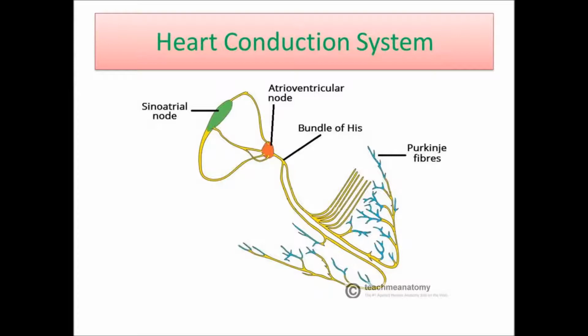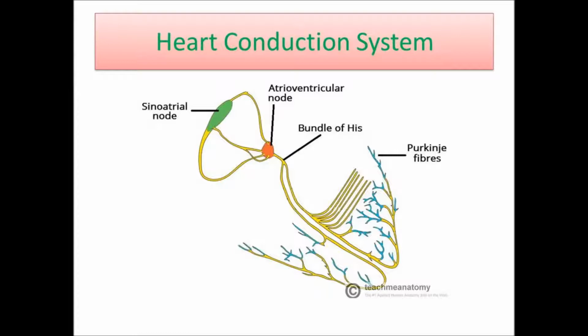Then from the AV node, the wave will pass through a structure called the bundle of His. This bundle then divides into branches, the right and left bundle branch. The right bundle branch will pass into the right ventricle, and the left bundle branch will pass into the left ventricle and then divide into anterior and posterior fascicles.